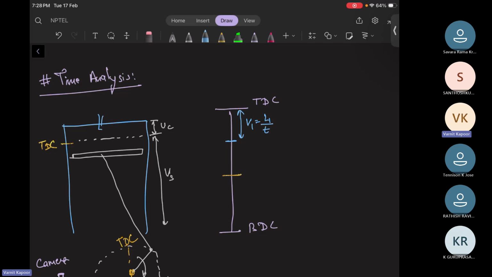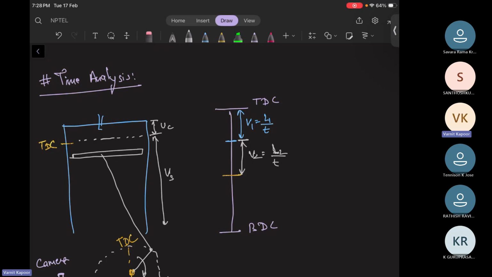Then from the next length till the midway, the piston is still gaining velocity. It has not yet reached the bottom dead center or even the midway. So till the midway, the velocity will be V2, that will be L2 by t, for the same time interval I captured. The distance covered will be L2.